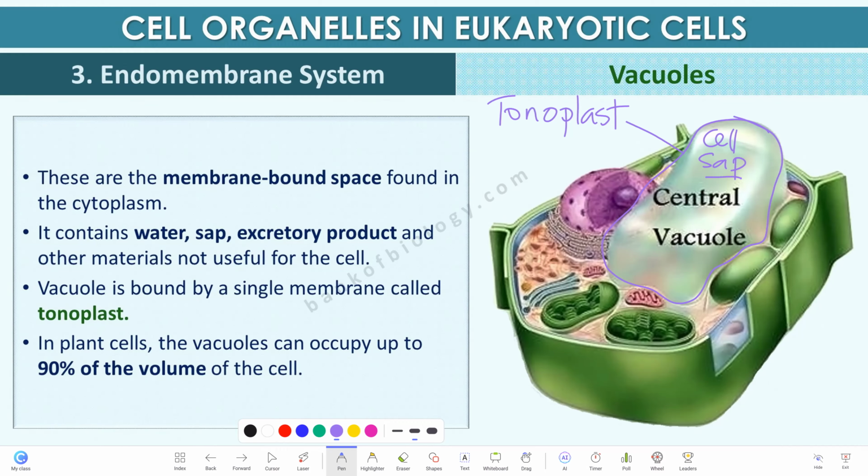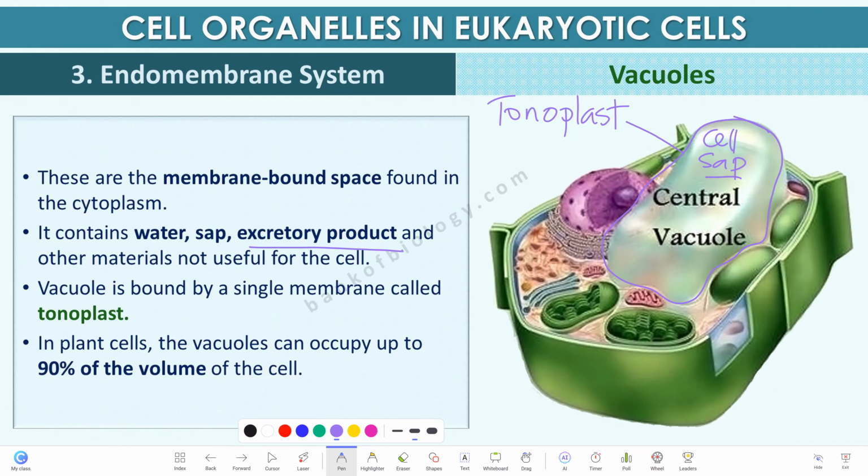And what do you find in the secondary cell wall? Lignin. Okay. So, what's the membrane of vacuole? Tonoplast. What's the liquid inside? Cell sap. What is cell sap made up of? Water, glucose, amino acids, and excretory products. Okay, excretory products. So this is vacuole.